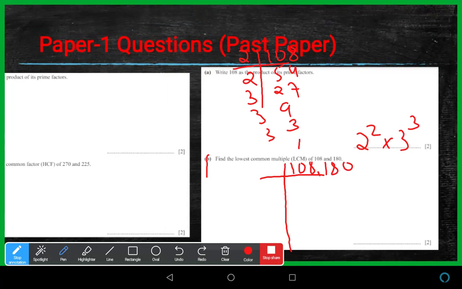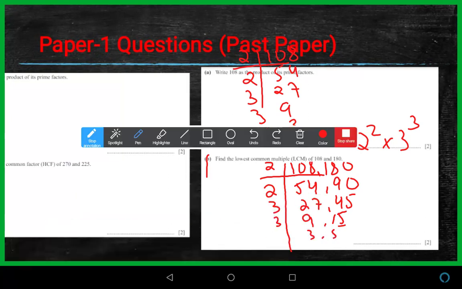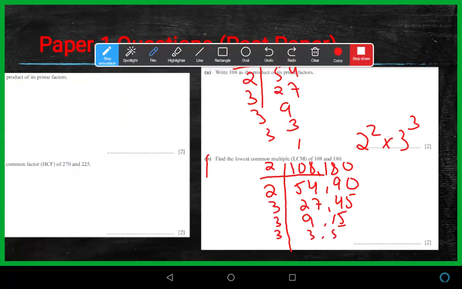You just need to find the LCM, so don't worry about it. So we divide by 2, then 2, then 3, 3, 3 and then 5.